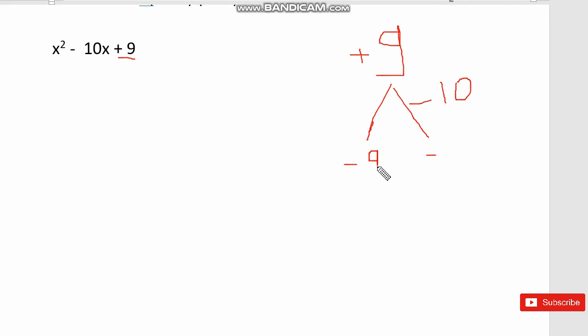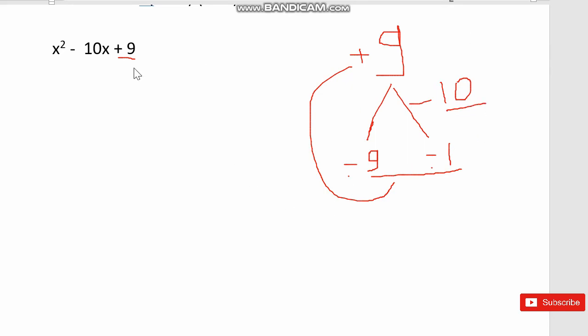These factors are minus 9 and minus 1, the factors that can satisfy our two conditions. What are the conditions? The product must be plus 9, so minus into minus becomes plus. This is the product of the two factors, and the sum must be minus 9 and minus 1, it is minus 10. So these are our factors.